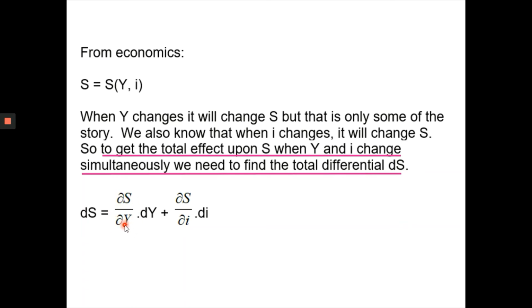So here we would be looking at the marginal propensity to save, times dy, plus here we would need to calculate the partial derivative of the savings function with respect to i, and we would include that over here, times di.